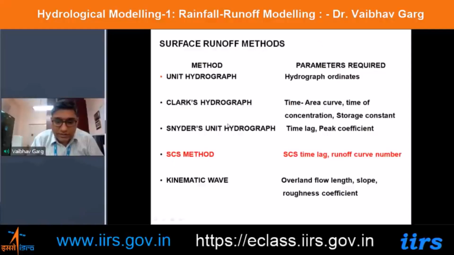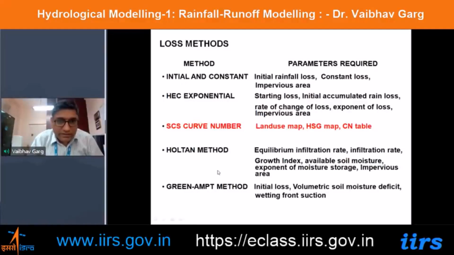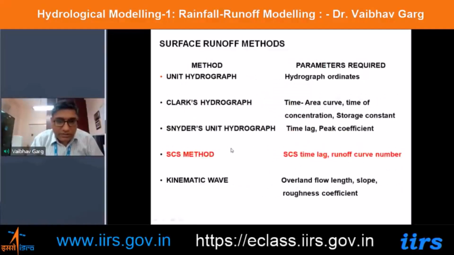There are other methods as well, but you can also use the SCS method. In most of the studies using HMS, they have used only the SCS method for both loss and runoff estimation.